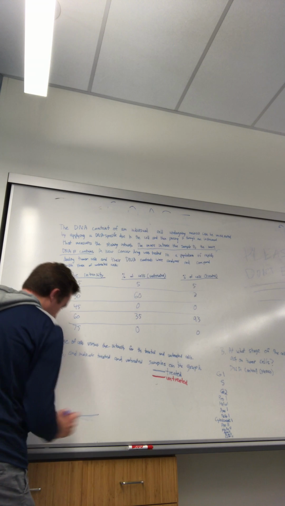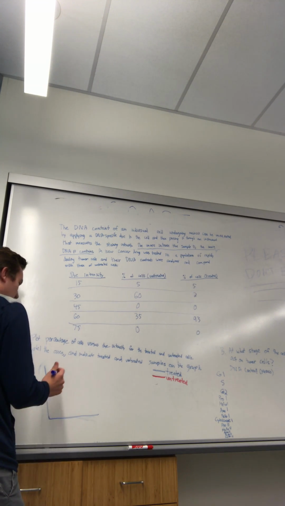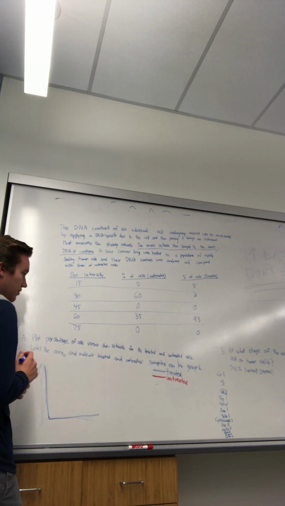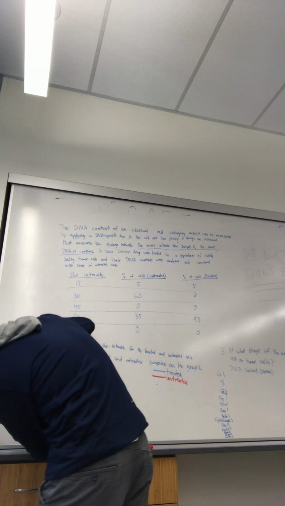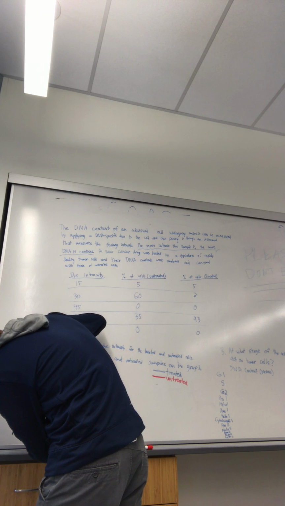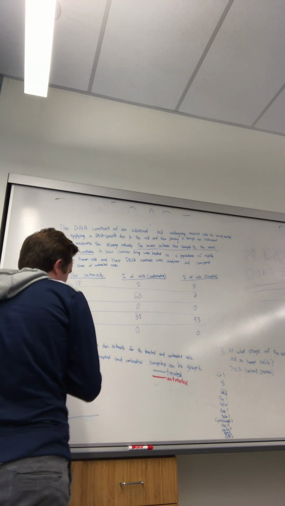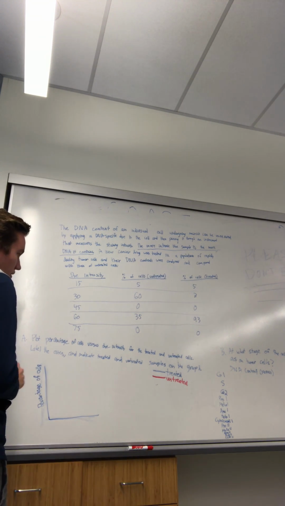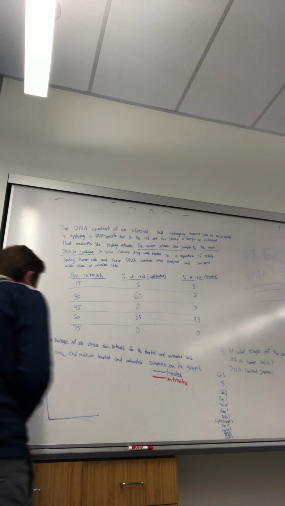So this is the graph. The percentage of cells will be the y-axis, and the x-axis will be the dye intensities.